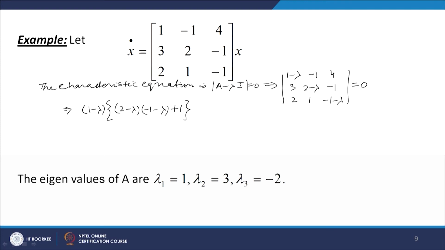Then we get minus of this, so plus 1, and then we have 3 into minus 1 minus lambda, and then plus 2, and then we get 4 times 3 minus 2 into 2 minus lambda, that is 4 minus 2 lambda. We can then simplify this equation. We will get a cubic equation in lambda.